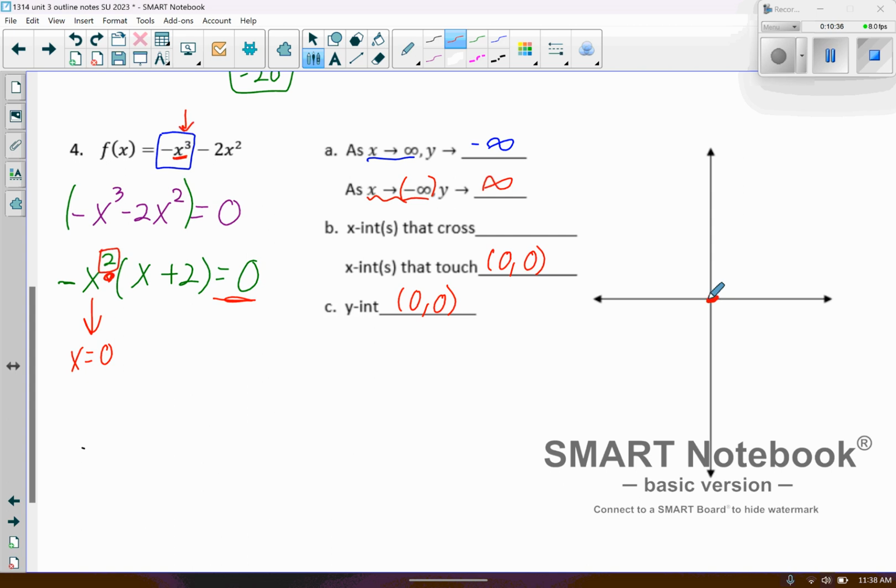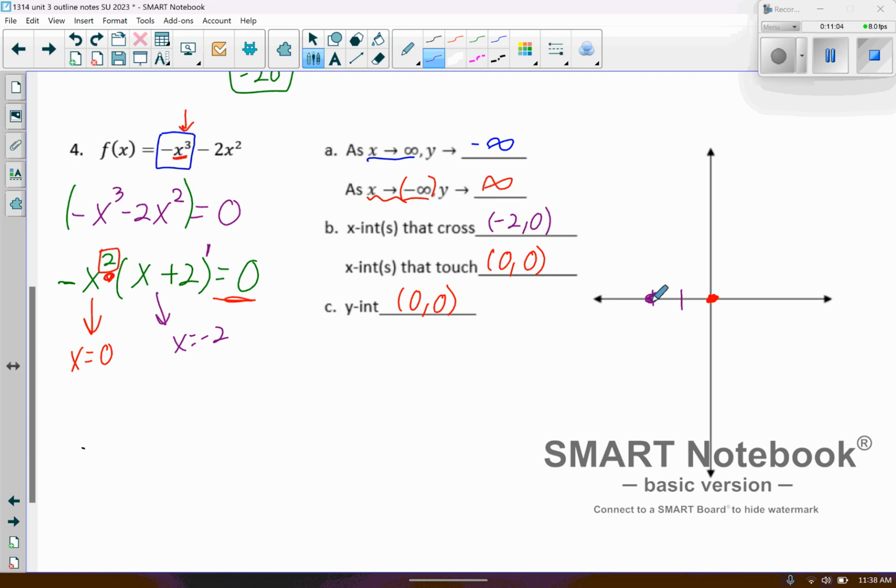My other intercept is right here at x equals -2, and that has a multiplicity of 1. So that one's just going to cross right through my x-axis when it comes time to draw my graph. So when x equals -2, that also makes the equation equal 0. So I already put my first x-intercept right there, and my other one's at -2 right there.